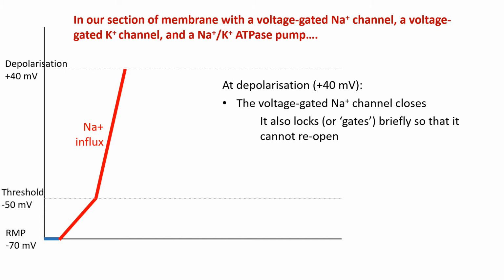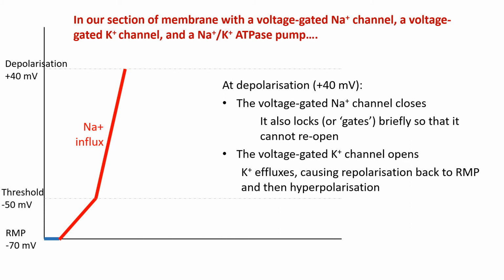It locks or gates briefly so that it can't reopen whatever the stimulus. The voltage-gated potassium channel opens, potassium effluxes, causing repolarization right back down to minus 70 RMP, and then drops below, so maybe up to minus 80, minus 90.